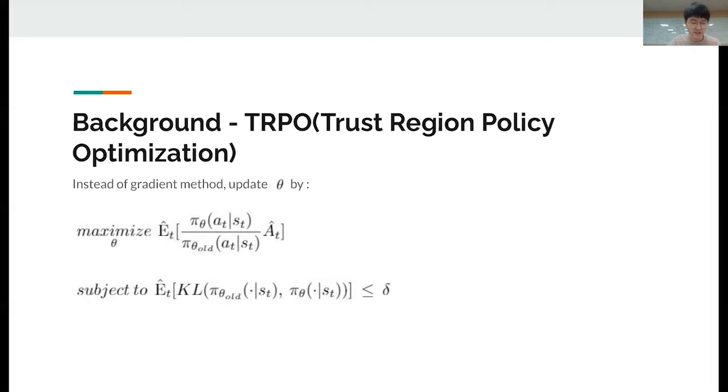Instead of updating zeta by gradient ascent, TRPO tries to simulate local search, the neighborhood being the delta radius neighborhood of the old policy measured by KL divergence. For those who don't know what KL divergence is, KL divergence measures how close two distributions are, and two distributions are close when KL divergence is small.